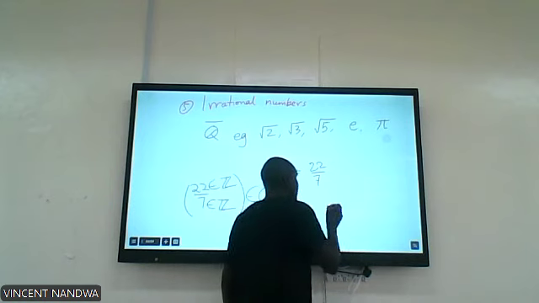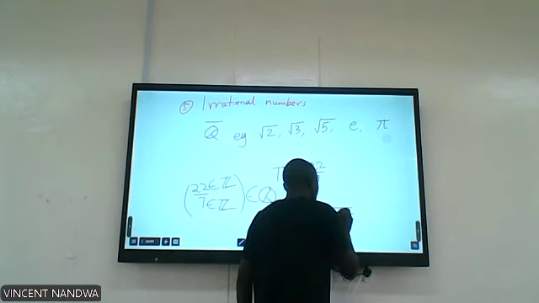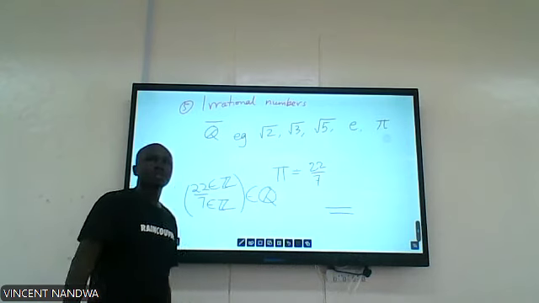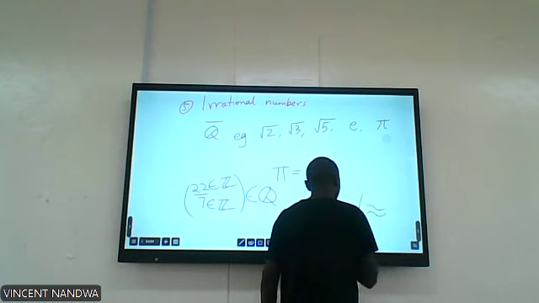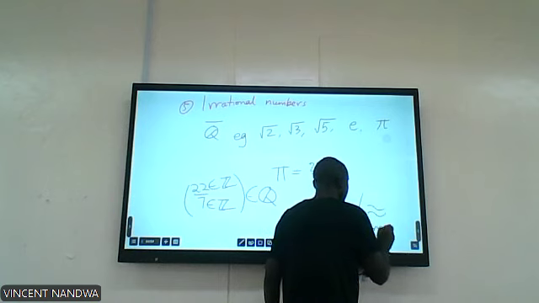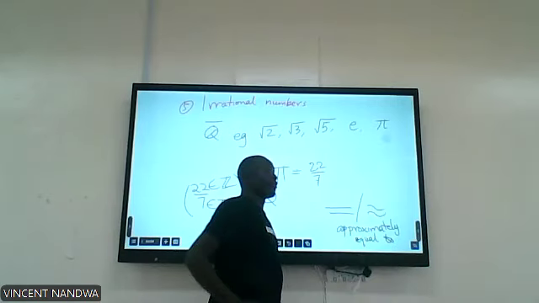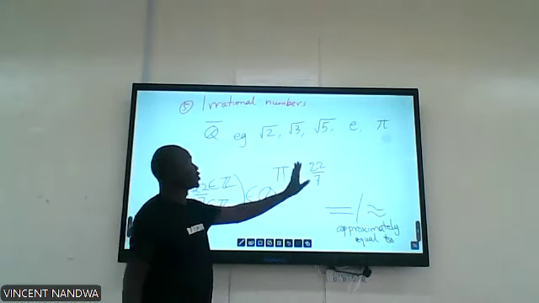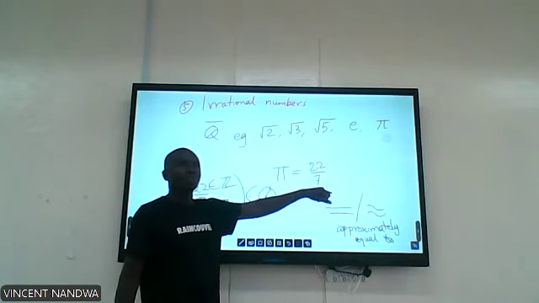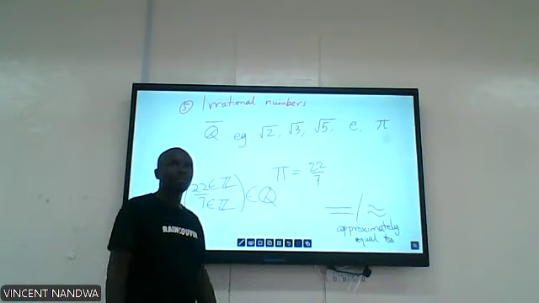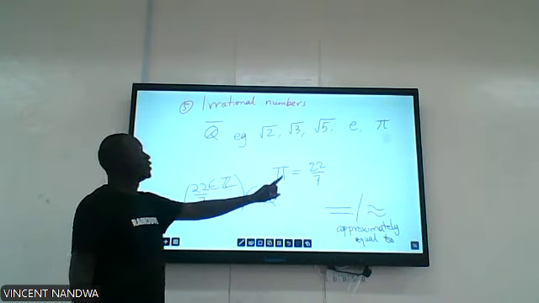When you write an equal sign and I put 2 dots, this means approximately equals to. So pi is approximately equal to 22 over 7. Note that it's not exactly equal to 22 over 7.